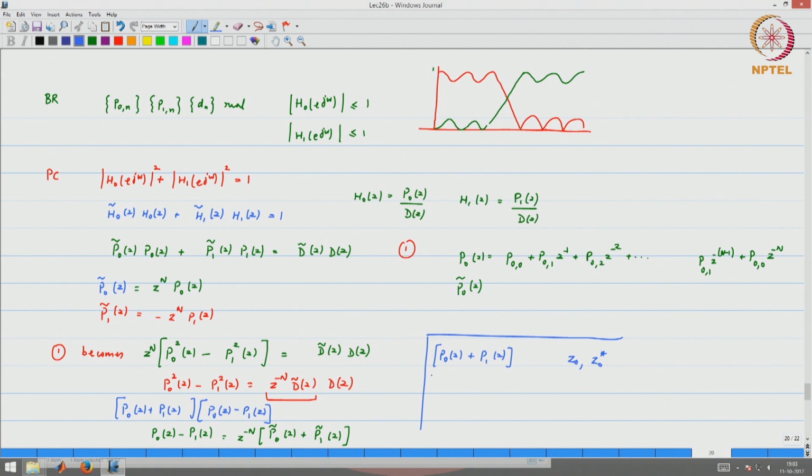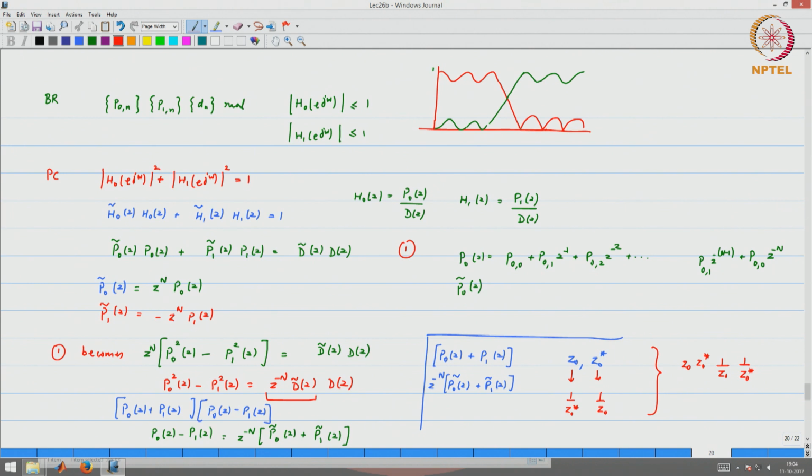Now, if you say that z to the power minus n times P0 tilde of z plus P1 tilde of z, if I look at this, that basically says that wherever there is a zero, the reciprocal conjugate also has to be present. So, this will be a zero at 1 over z0 conjugate, this will give me a zero at 1 over z0. So effectively between the two of them you will get z0, z0 star, 1 over z0, 1 over z0 star.